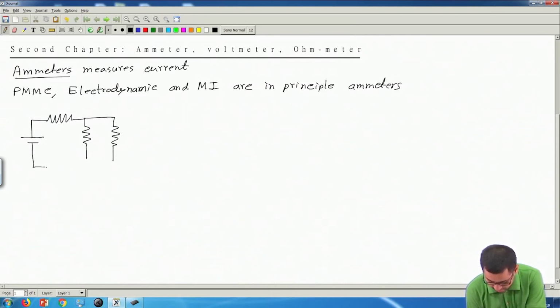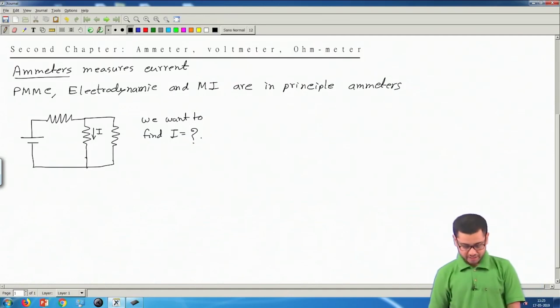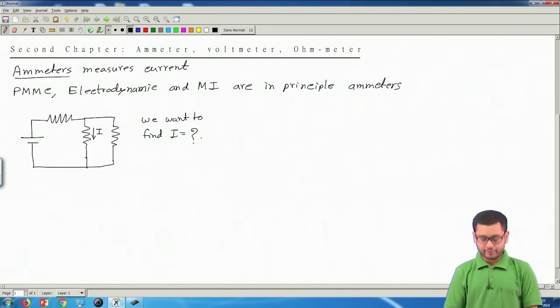Say I want to find the current in any of these branches, say in this branch, call it I. How much is this current? What do we have to do?